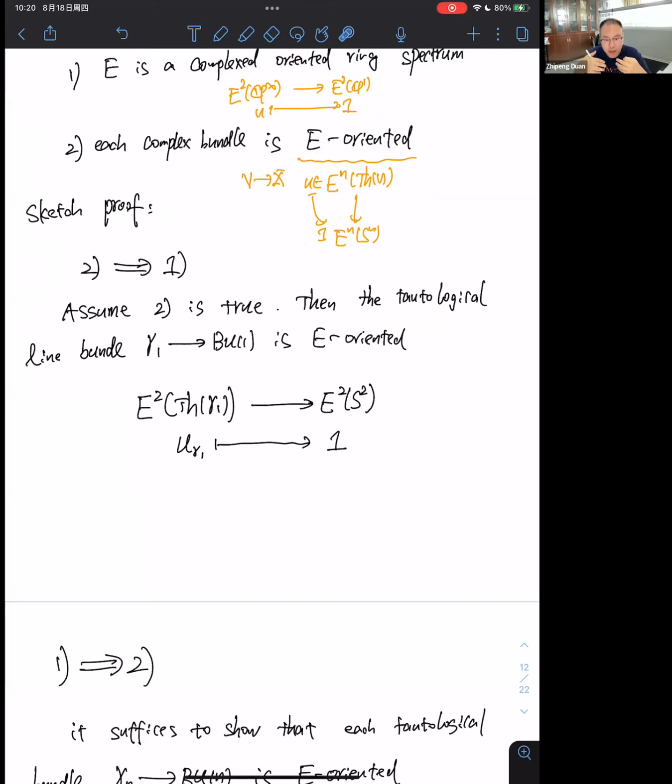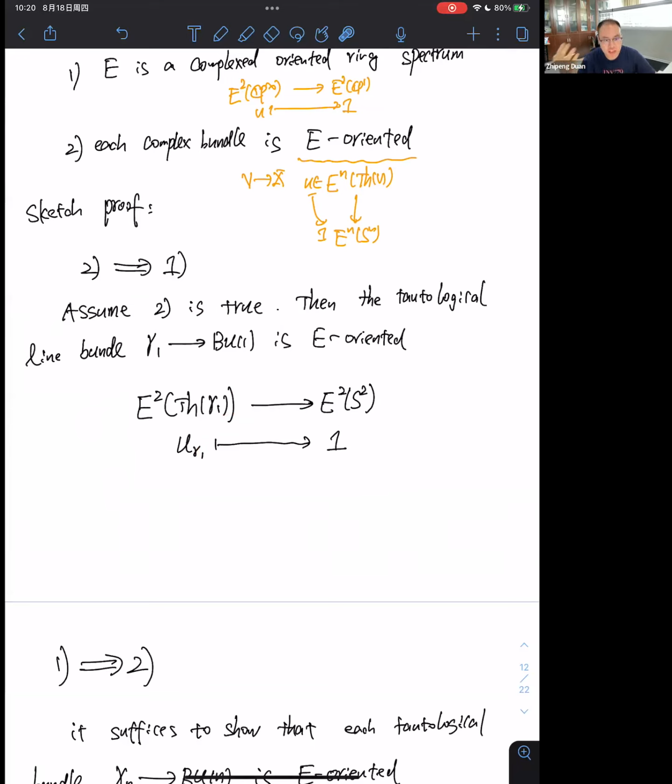Because each bundle is E-oriented, in particular the tautological line bundle is E-oriented. So by the definition of E-oriented, you can find a class, the Thom class U of gamma 1, which restricts to a unit in a fiber, E2 of S2.